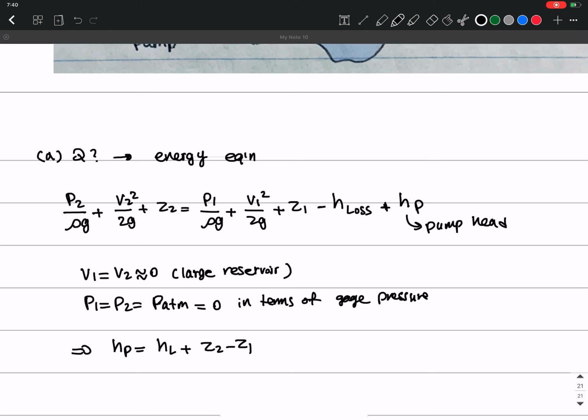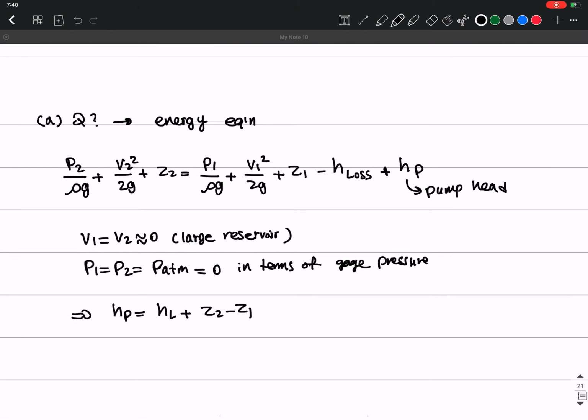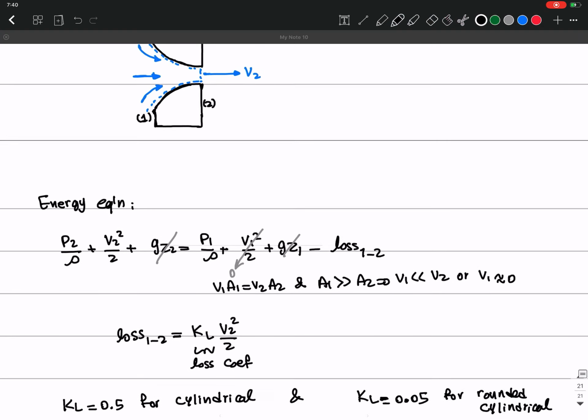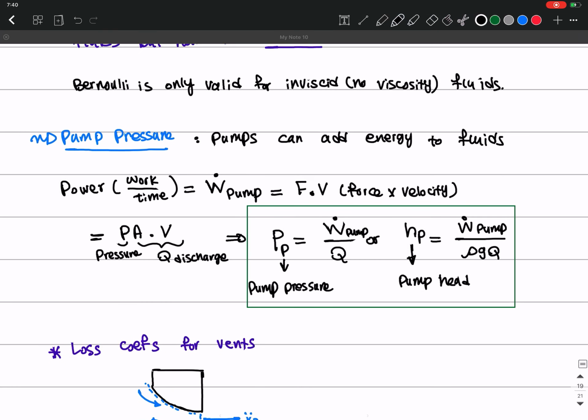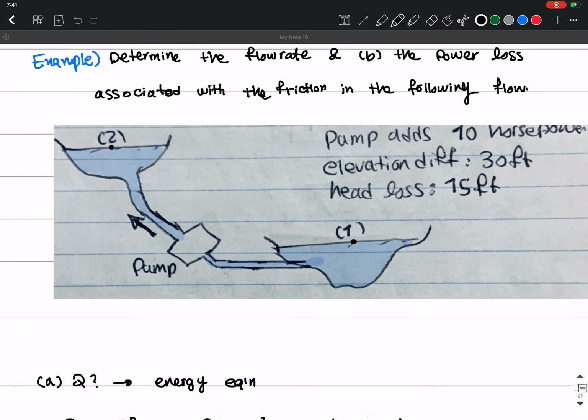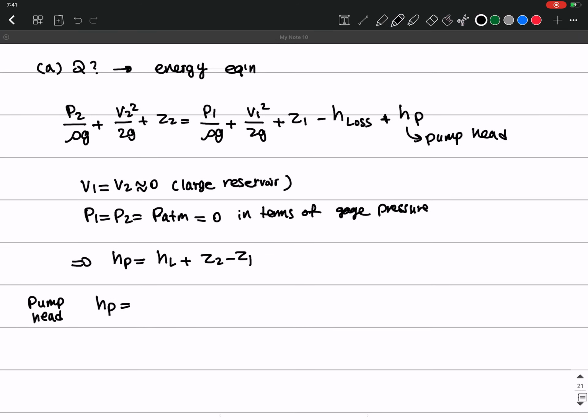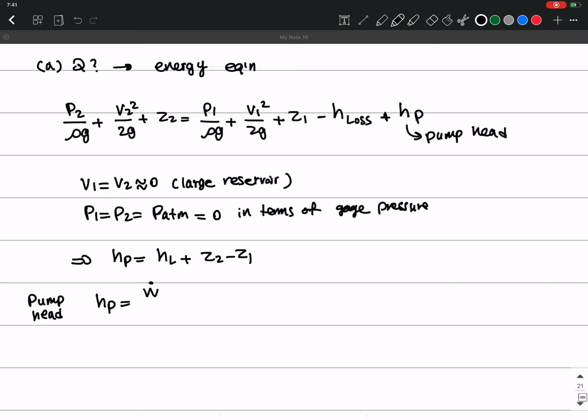Okay, and pump head, we know, is defined as, we had a formula here, so let me just copy that. It's W dot pump over rho g Q. Instead of rho g, I can just write the specific weight of water.